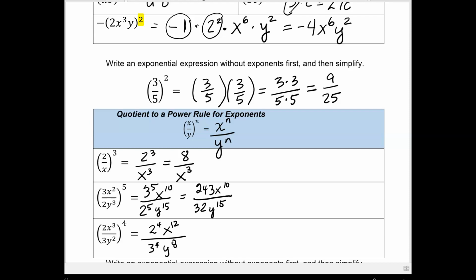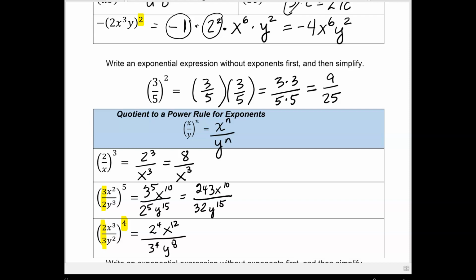It's very important that you do not ignore the numbers inside of parentheses that are raised to a power on the outside. Please do not ignore the numbers. They are being raised to the power as well. That's probably one of the main issues I see students deal with. They ignore that the 2 should be to the 4th power. The 3, it should also be to the 4th power, for example.